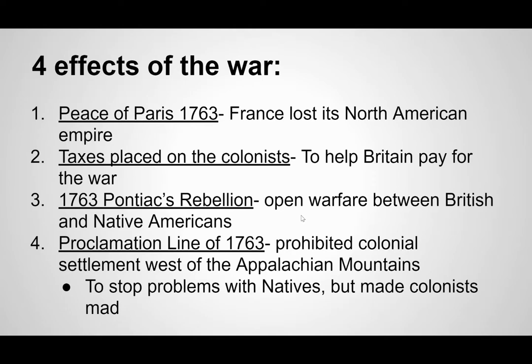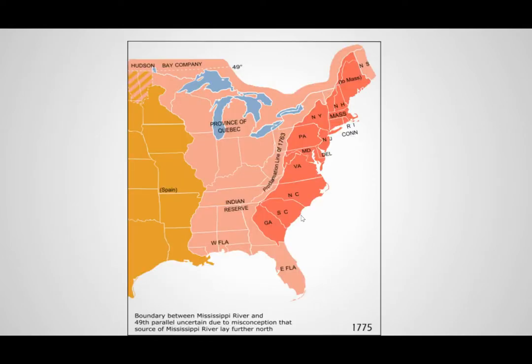The colonists are teenagers and Britain is their parent, and the parent is telling them, hey, you can't do this, and the colonists are like, well, I don't like that, I want to do it anyways, and the parents are like, well, you can't do this, it's for your own good, but the colonists are all like, no, I want to do this, I don't care what you say, you don't know what you're talking about. And so even though the Proclamation Line was put in place to actually protect the colonists from Native American attacks, the colonists get mad because they can't do what they want to do.